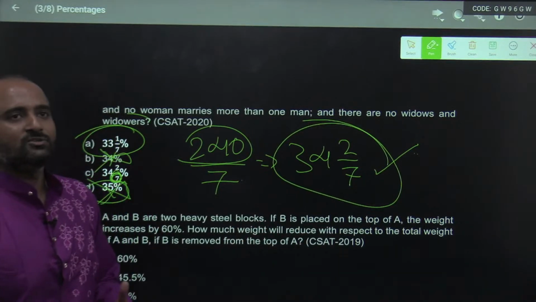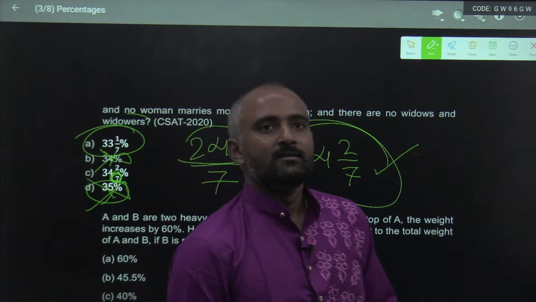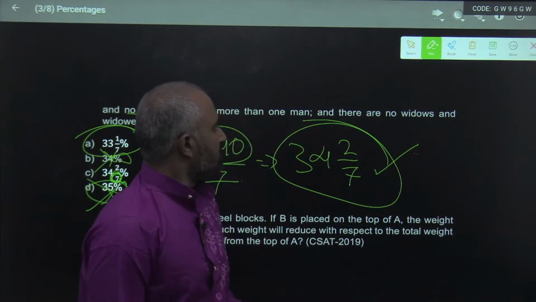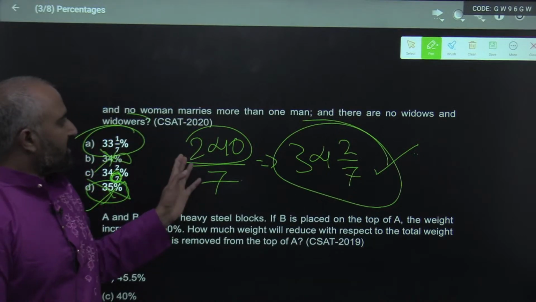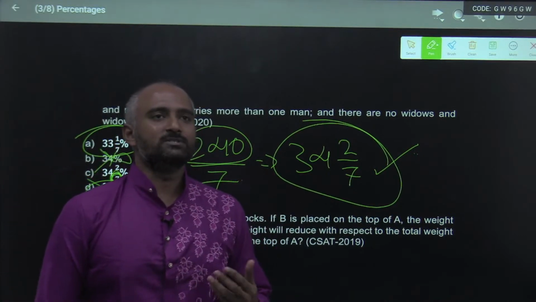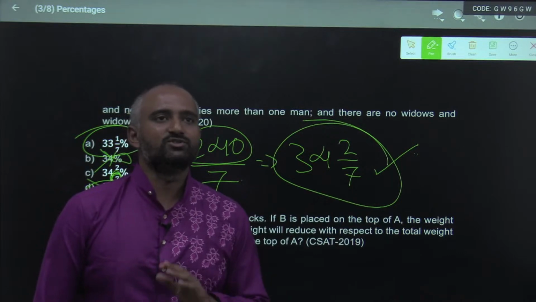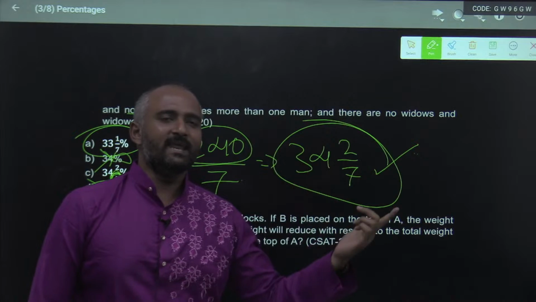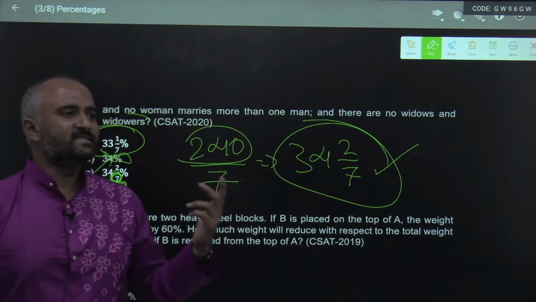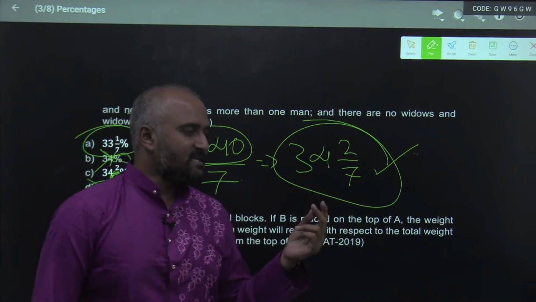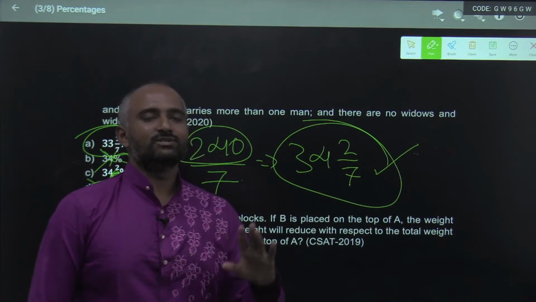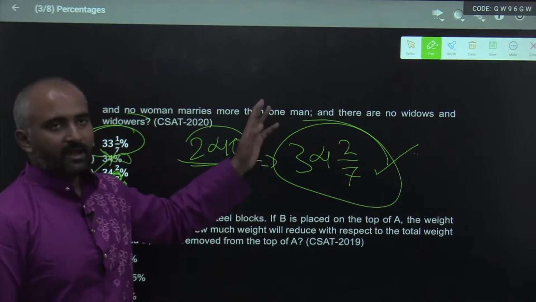So any doubts from today's class? In these 24 odd questions, I think we have solved each and every concept. We have seen successive percentages, we have seen the n by d rule, we have seen application, and how to see percentages as ratios and ratios as percentages.